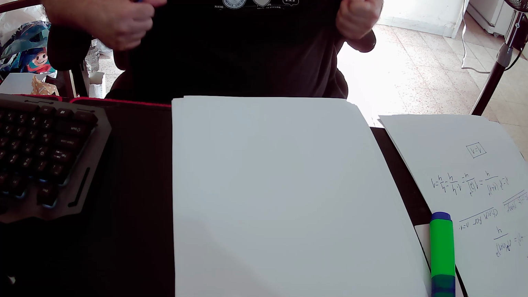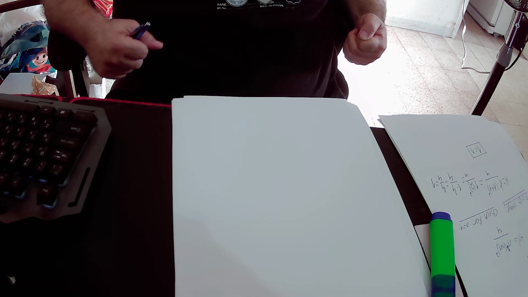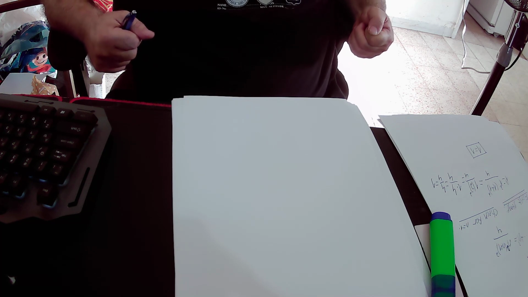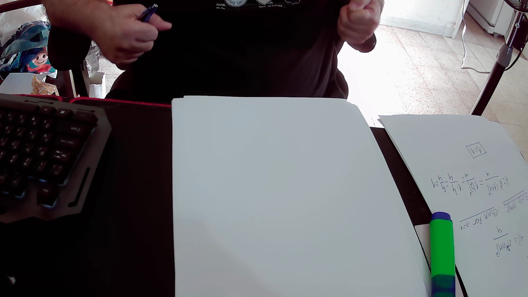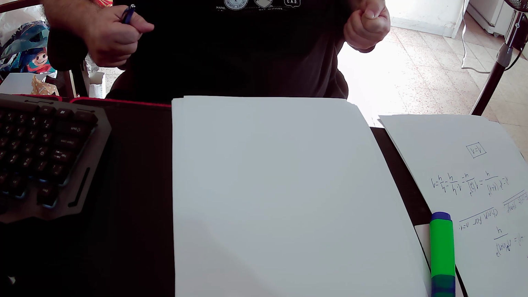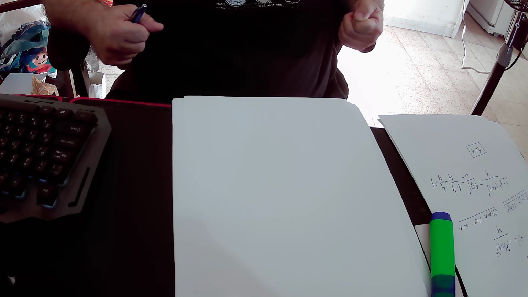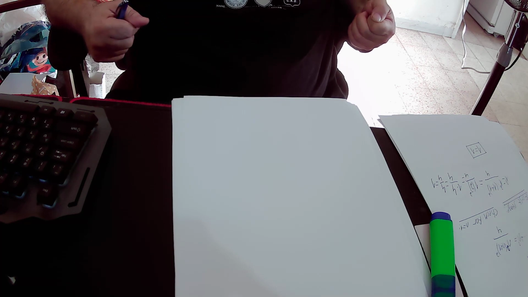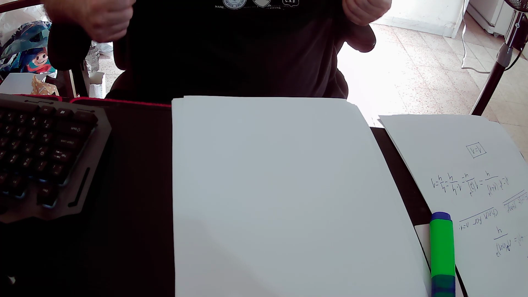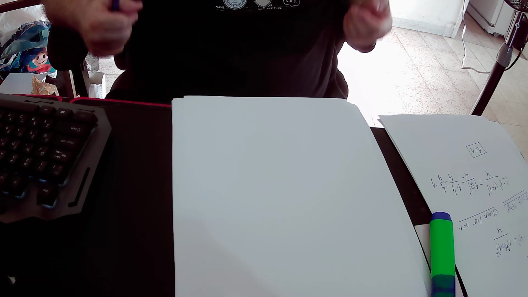And in the second stage, we will assume that the statement is true for n, and relying on this assumption, we will prove that the statement is true for n plus 1. So we will create two equations.